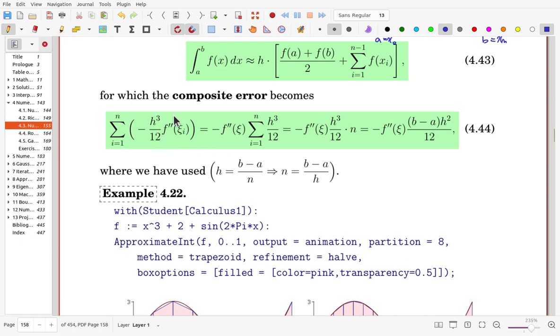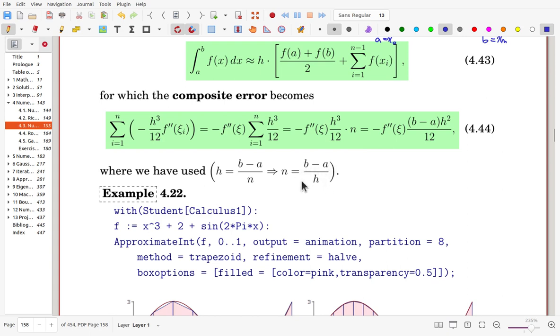Now, assuming this is continuous, then we can take this factor out of the summation by using its average value. And now this is a constant added n times, so we can get this. Now, h is b minus a over n, so n is the same as b minus a over h.